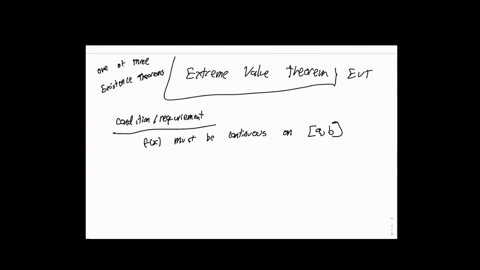So for EVT to apply, the function must be continuous. So sometimes there'll be multiple choice questions on the AP exam where the function isn't continuous, and they'll ask why doesn't the extreme value theorem work, and we're like, well, because it's not continuous.